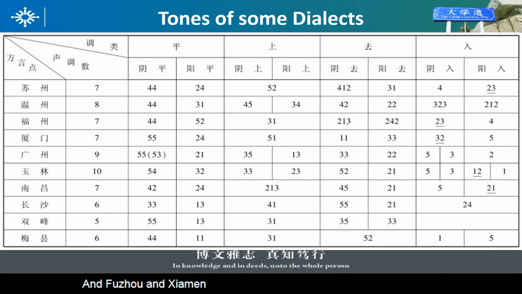Fuzhou and Xiamen, representations of Min dialect, also have 7 tones. And Guangzhou, an example of Cantonese, has even 9 tones. The pitch values of them are not the same. They have different features. This is one of the very important criteria to classify the different dialects of the Chinese language. The tones, remember that.